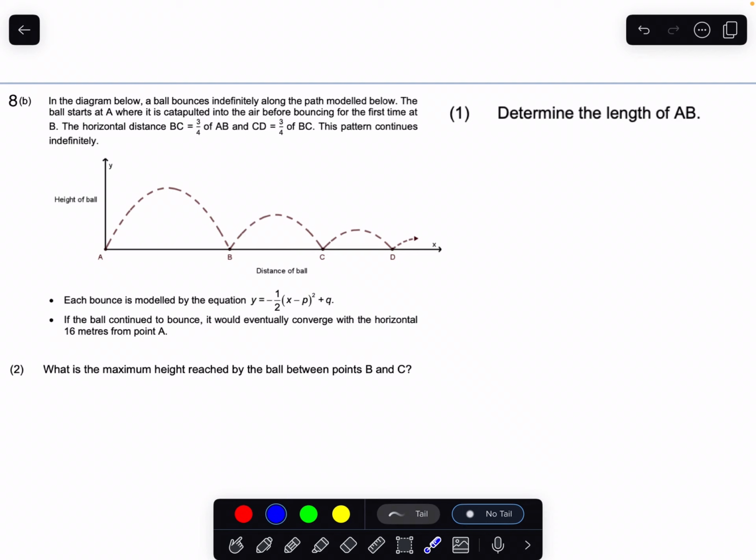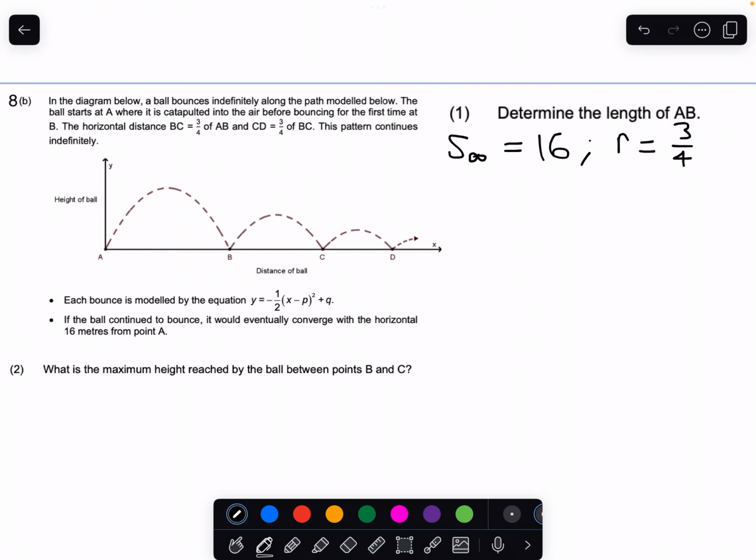And because we have the r, we can work out the a, as in the size of the first horizontal leap. That is in fact the first task. We've been told that the sum to infinity for the horizontal distance is 16 meters, and r is 3/4, and now we're going to work out a.